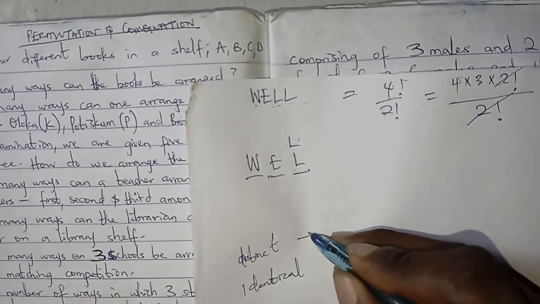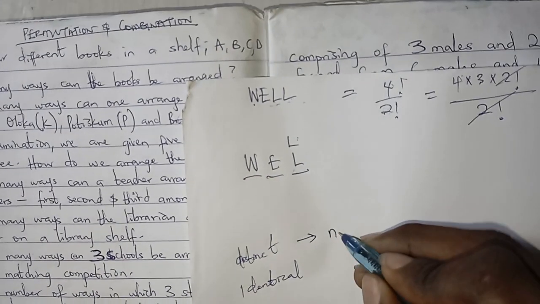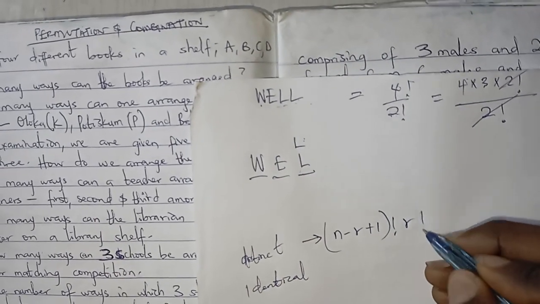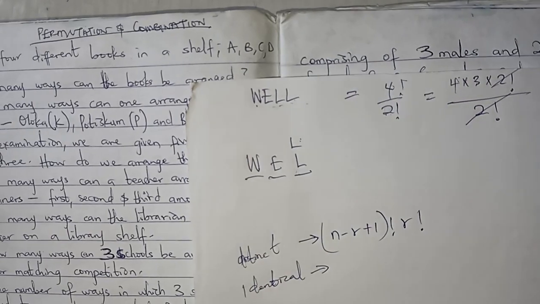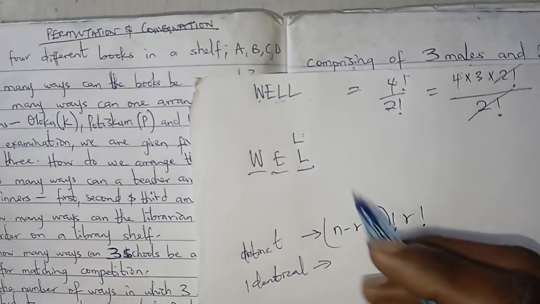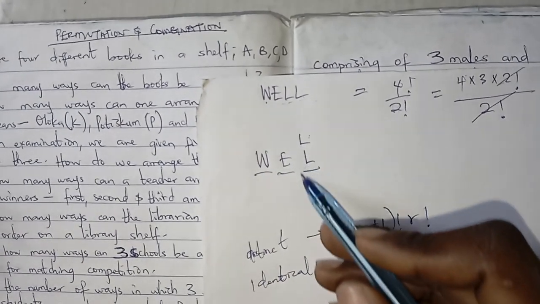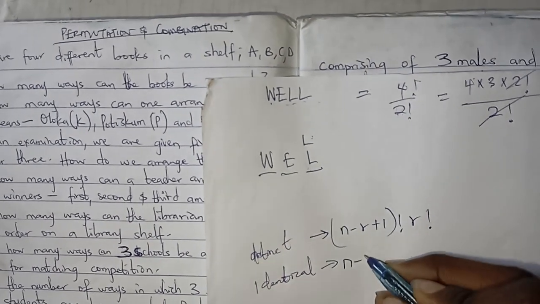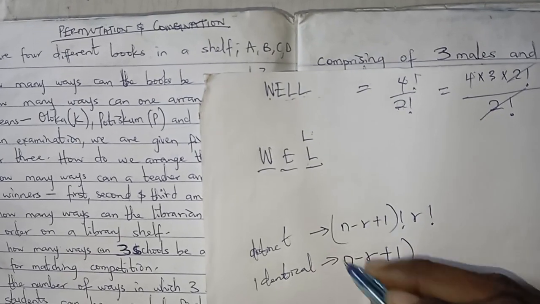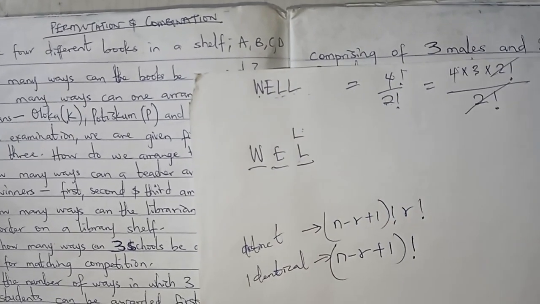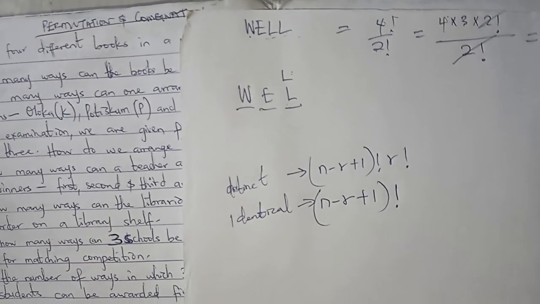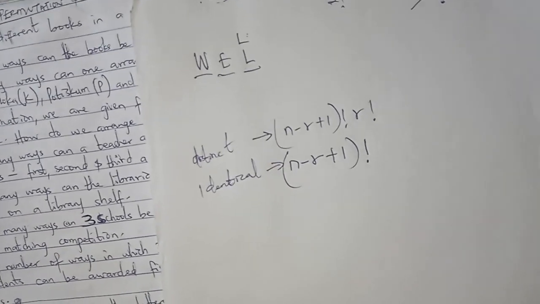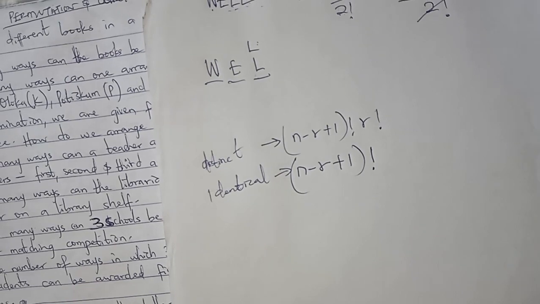If they are distinct objects, you will use n minus r plus 1 factorial times r factorial. But if they are identical, you don't need to do that multiplication. What you just do is simply n minus r plus 1 factorial. That's just what you do.